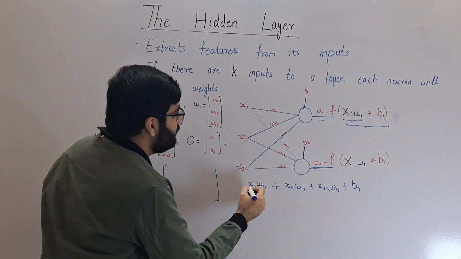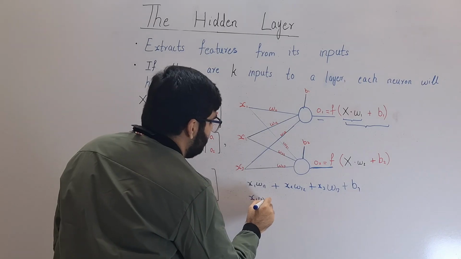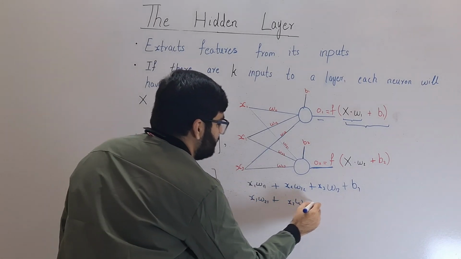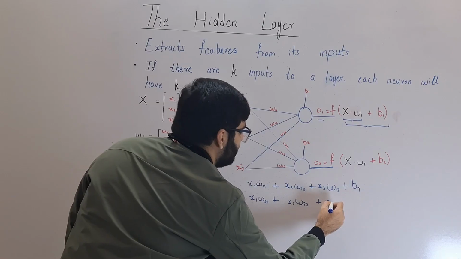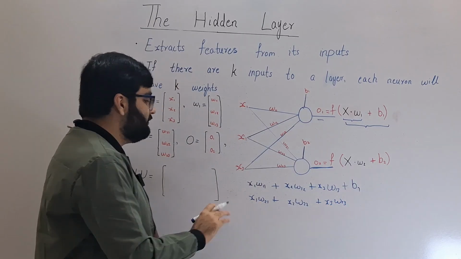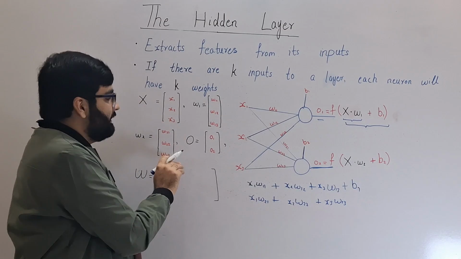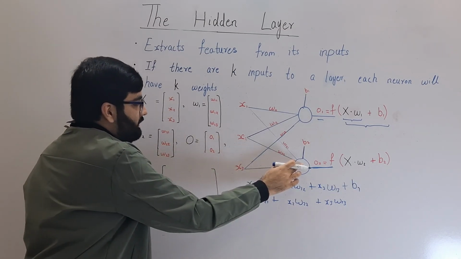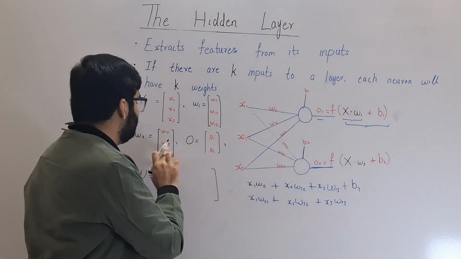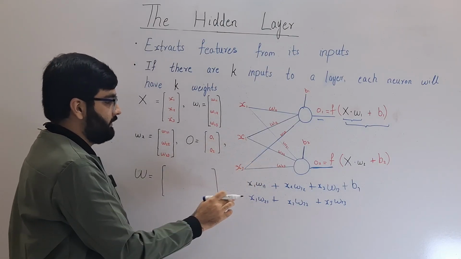And if we want the dot product, we can do x1 w21 plus x2 w22 plus x3 w23. And we get the dot product between the input vector and the weight vector of this neuron, w21, w22, w23.